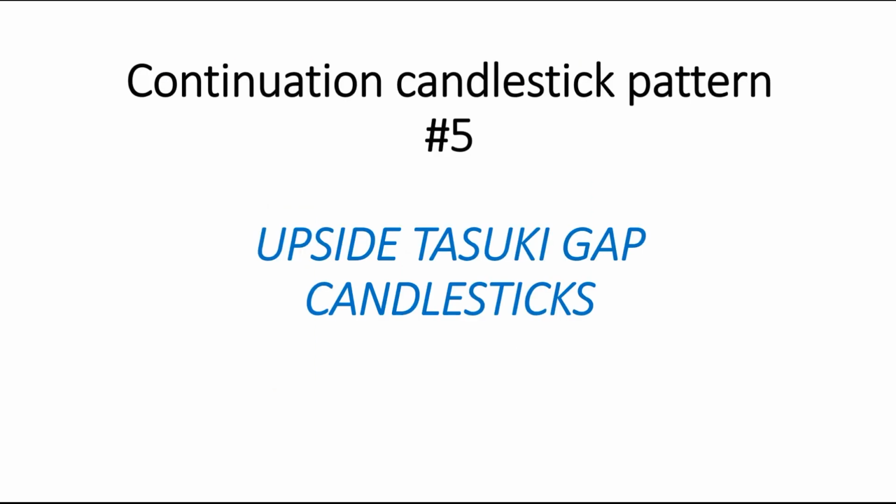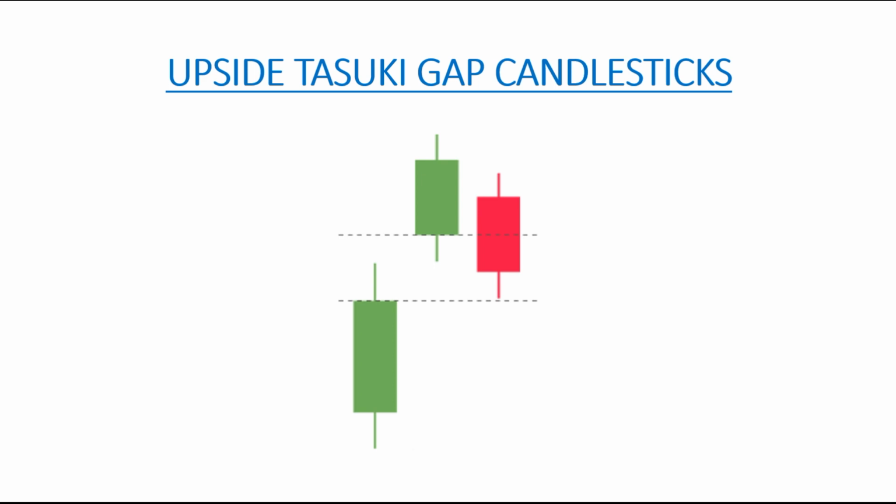Let's have a look at number 5, the upside TASUKI gap candlesticks pattern. This pattern is a bullish continuation candlestick pattern which is formed in an ongoing uptrend. It consists of 3 candles, 2 green and a red one.